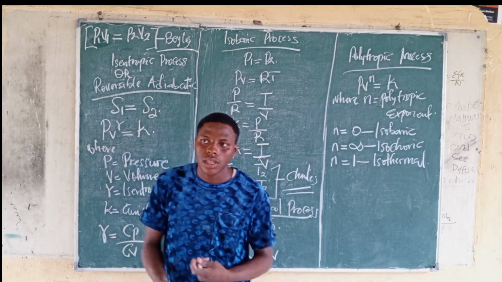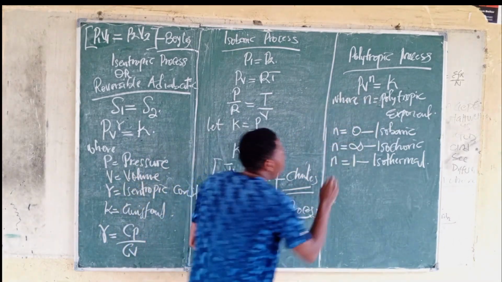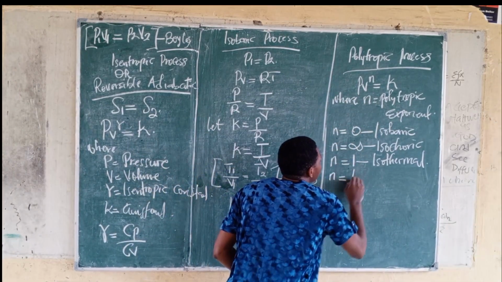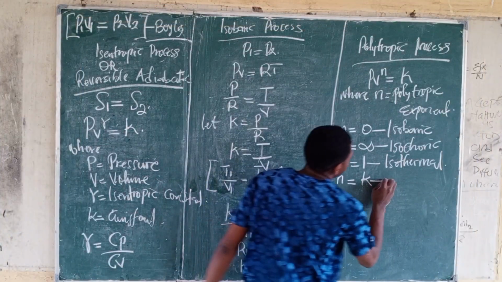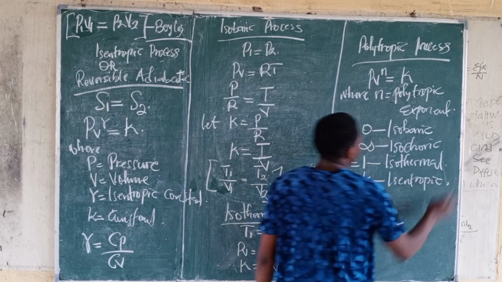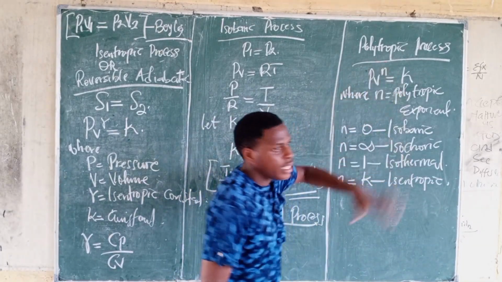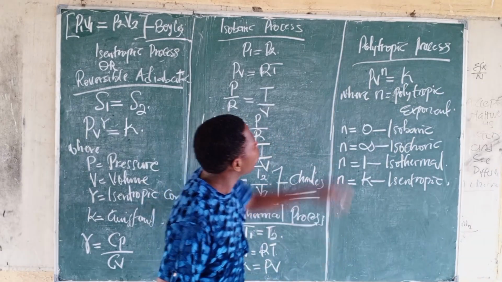Then the last one, when n is equal to K, then your process is isentropic process.